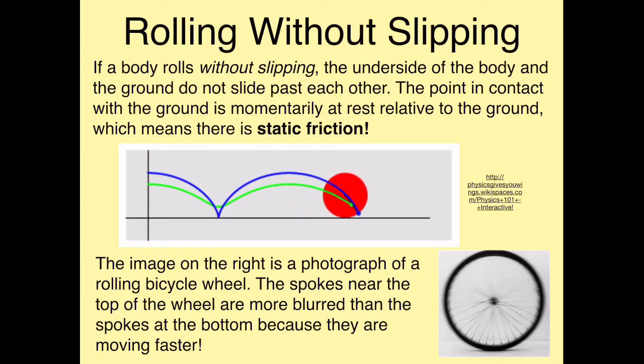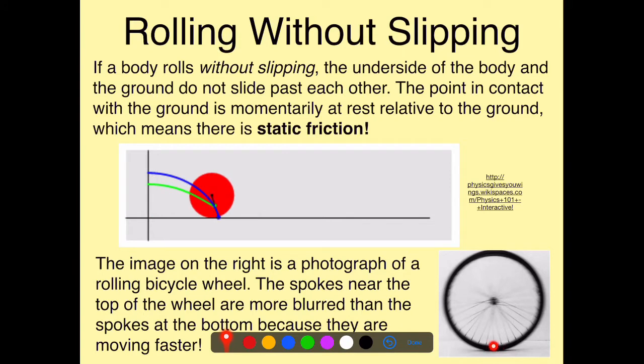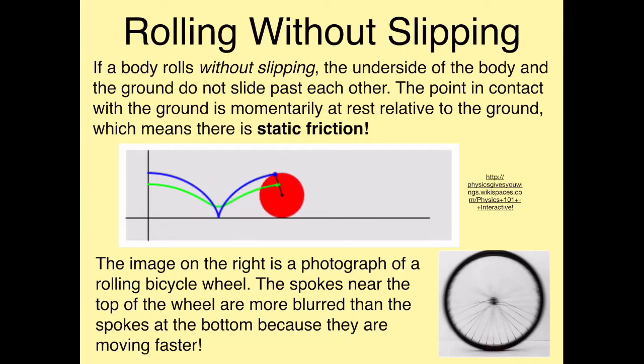And again, to give you a sense of the idea that the point of contact of your rolling object and the ground are not sliding past each other, they're at rest relative to each other, even though the wheel is rolling, let's take a look at this photograph of a rolling bicycle wheel. Parts of it look blurry because there's a lot of motion, but other parts don't look blurry at all.